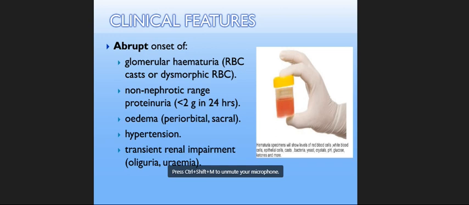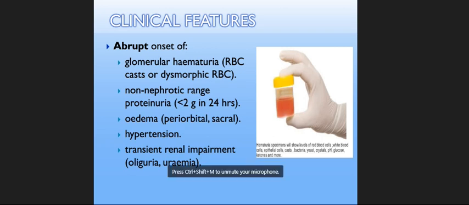Look here in the picture. It's a sample of urine under centrifugation, and look at the color. Abrupt onset of glomerular disease: we will find red blood cell casts or dysmorphic red blood cells.